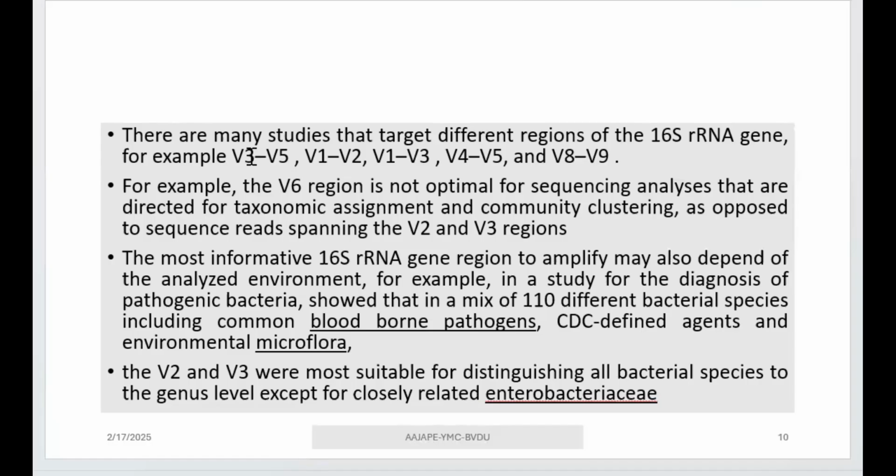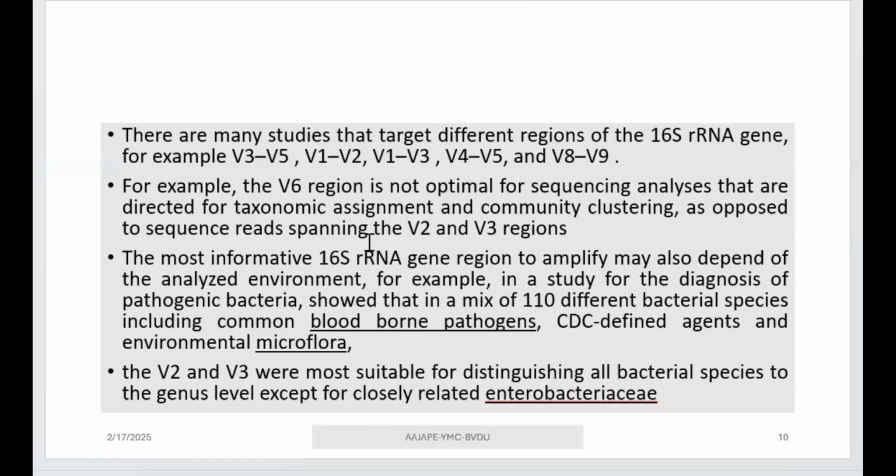So whether it would be V1, V2, V3, V5 or V8 or V9, which hypervariable region would be giving you a sequence that would give you correct identification or closest possible correct identification is going to differ and is going to depend on the environment that is analyzed, the amplicon that is used, and the reference database that you have.